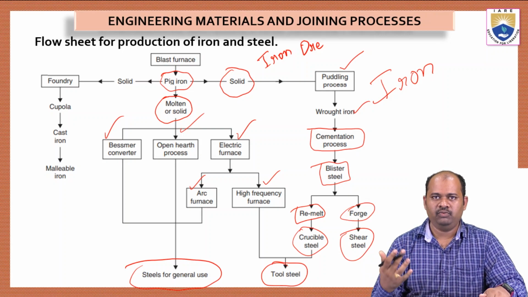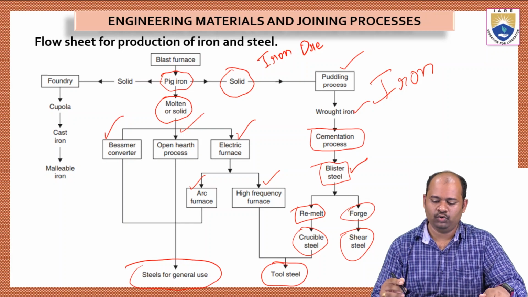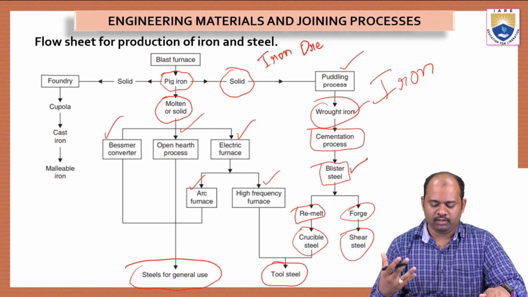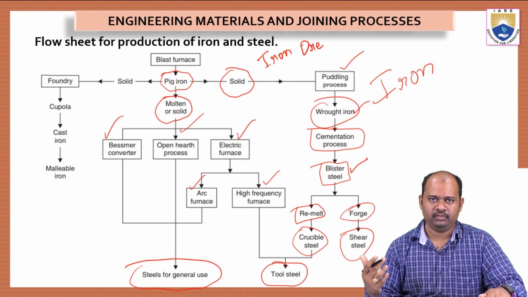Okay, so where do we get this? It is obtained from blister steel, and the blister steel itself is obtained from wrought iron. So wrought iron is used to prepare many different types of steels, and each steel has a particular application.